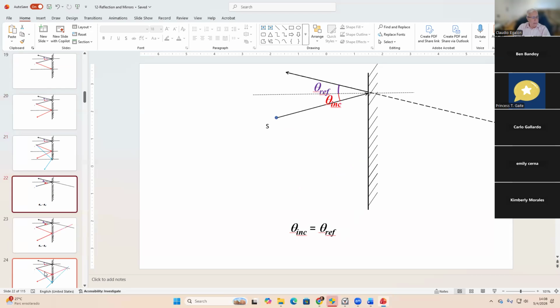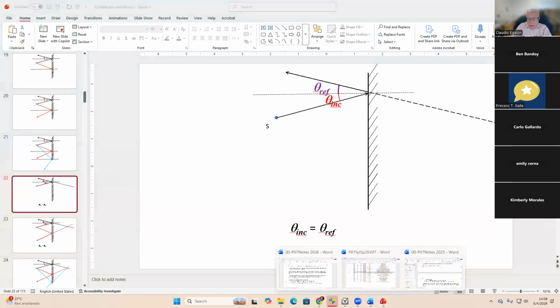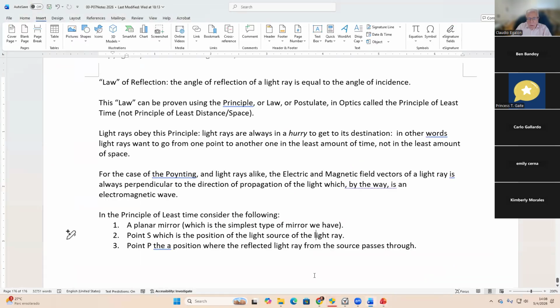And what we are going to do now, we're going to locate, let me write down, I think I already wrote that down here, right? So here you go.